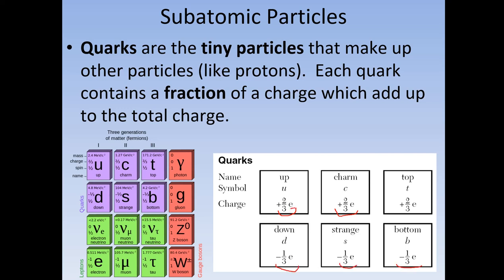Notice that there's this E there. This goes back to the electrostatics. E is 1.6 times 10 to the negative 19 coulombs. So this is saying that it's 2/3 of this original value. This is that smallest possible charge. So this is 2/3 of that.